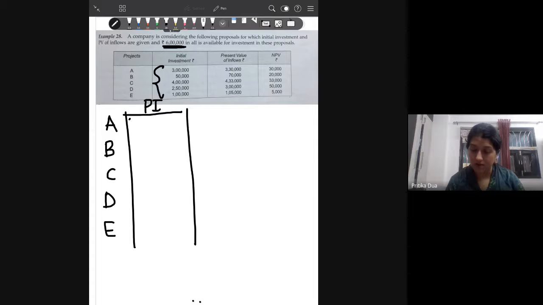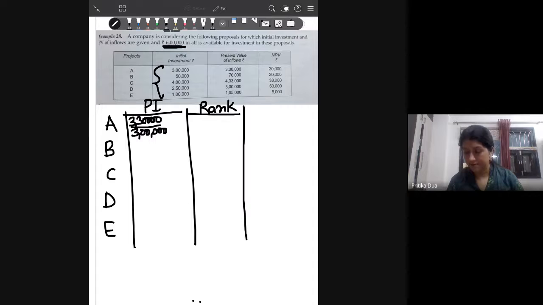For A, it will be 3,30,000 divided by 3 lakh and so on. Start calculating, then we will rank them. So for project A, clearly it is coming out to be 1.1. Similarly, solve for the 4 projects.